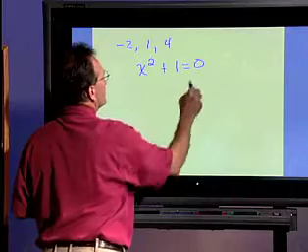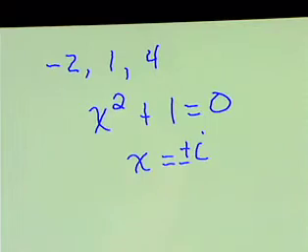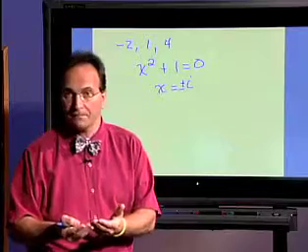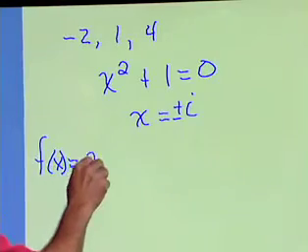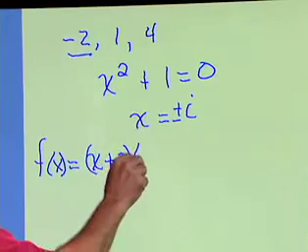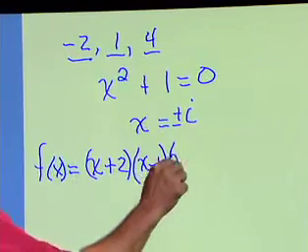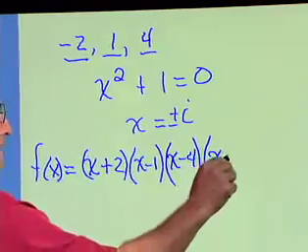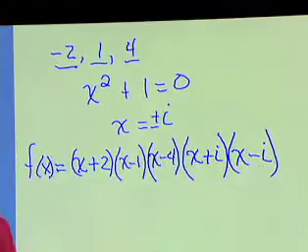Because when we set this equal to 0, we will get that x is plus or minus i. So we can now write the linear factorization, and it would be f of x equals x plus 2 times x minus 1 times x minus 4 times x plus i times x minus i.